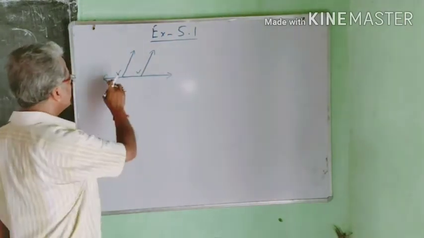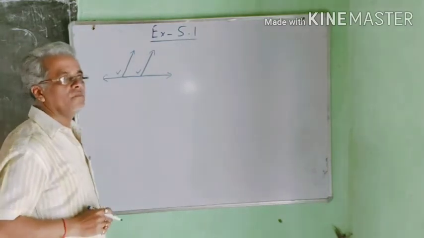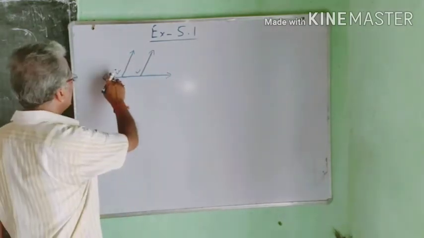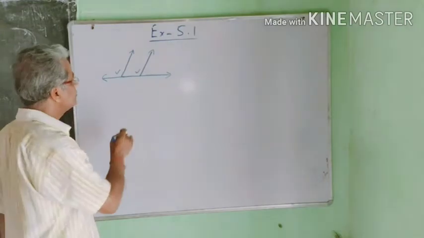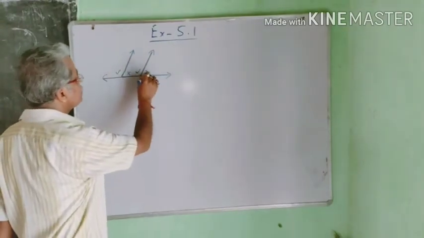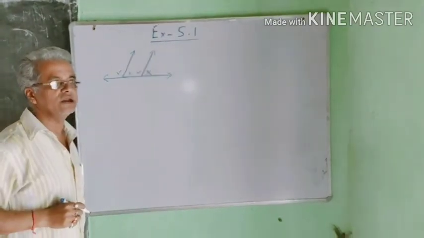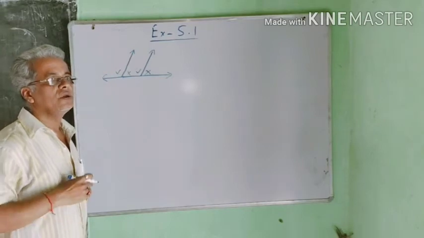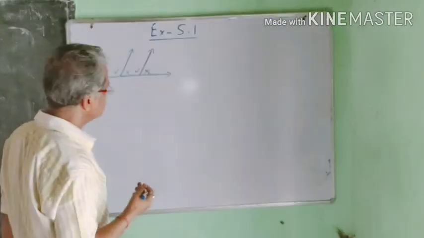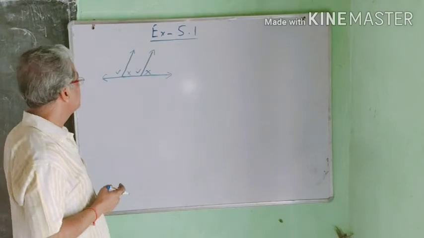These two angles are called corresponding angles. Similarly, these two angles are also equal. These two angles are also said to be corresponding angles.